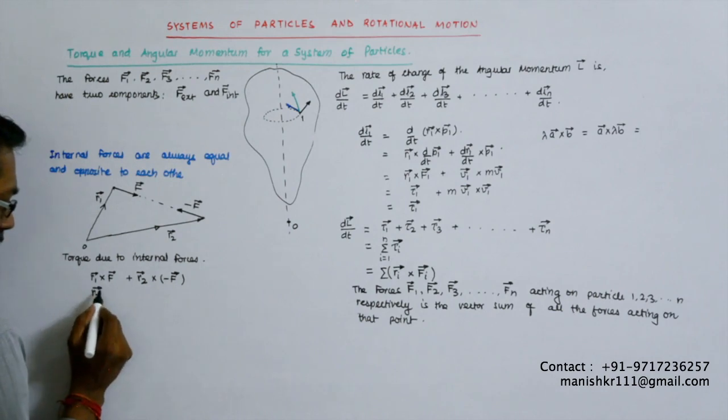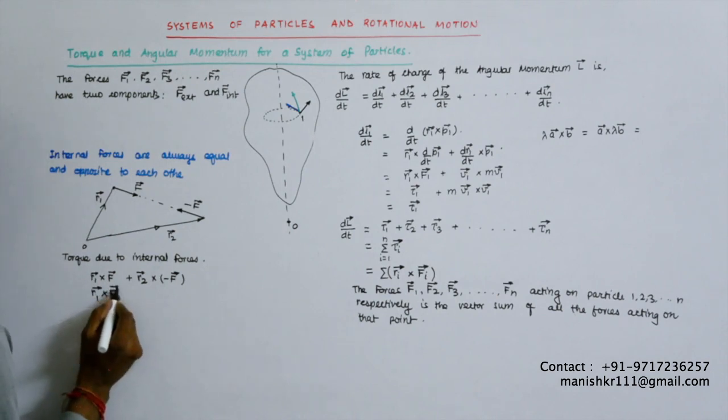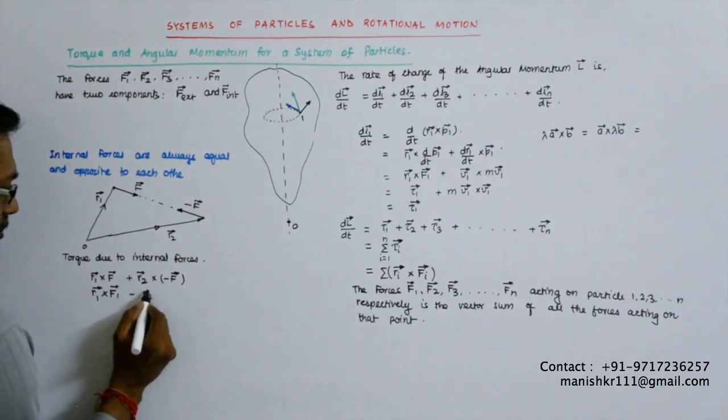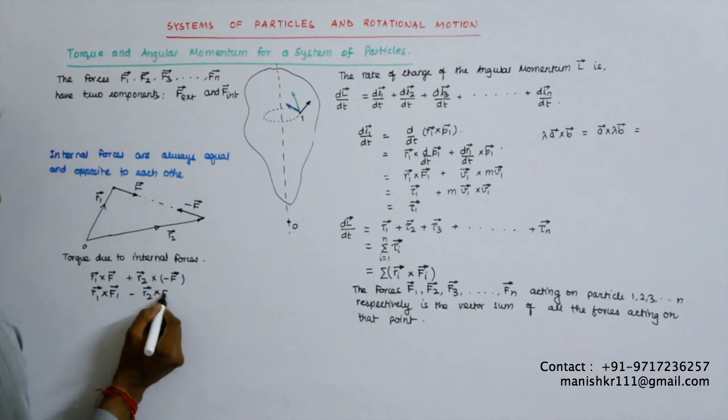It gives me R1 cross F1 minus R2 cross F.